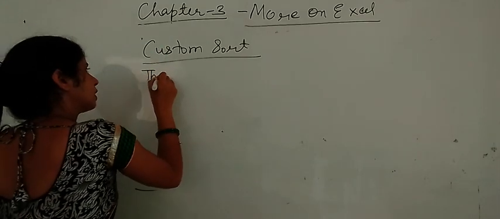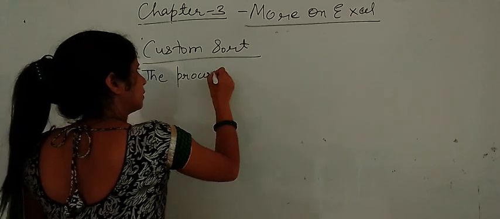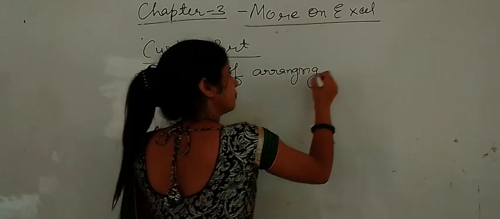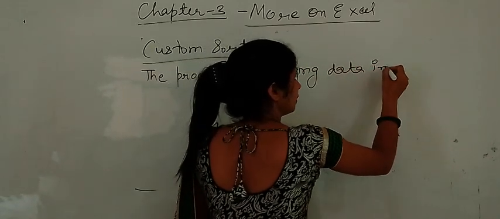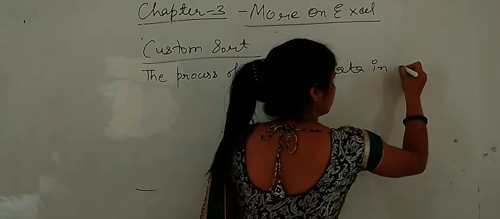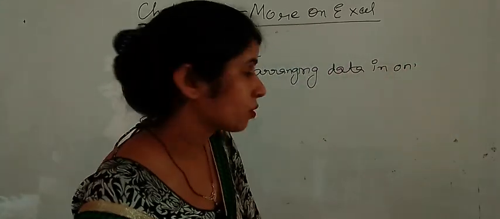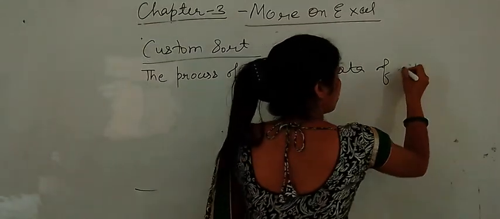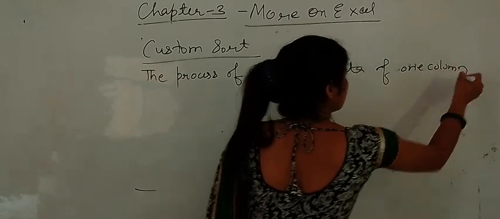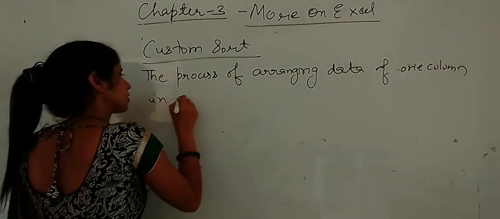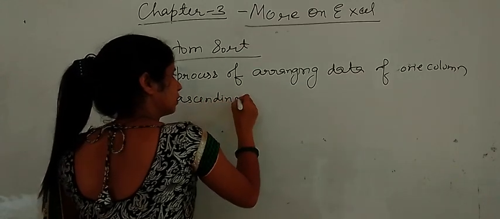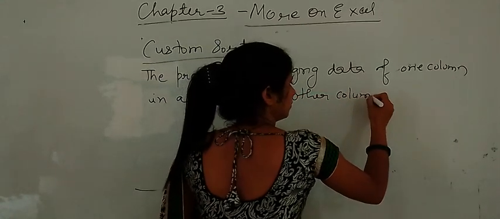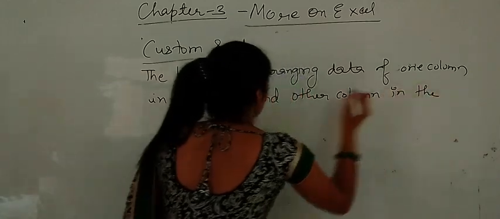Custom sort means the process of arranging data of one column in ascending order and the other column in descending order.